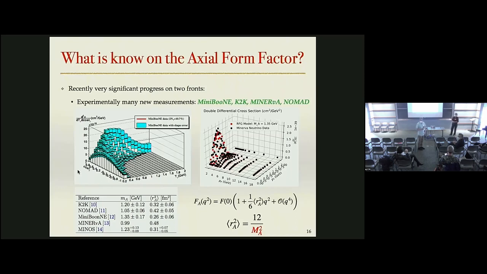Yeah, but I'm a bit confused about what you're saying. If Minerva have an MA of 0.99 in their model-dependent fit and also in their Monte Carlo when they extract the result, as long as they do the analysis correctly, that shouldn't bias the result in any way.